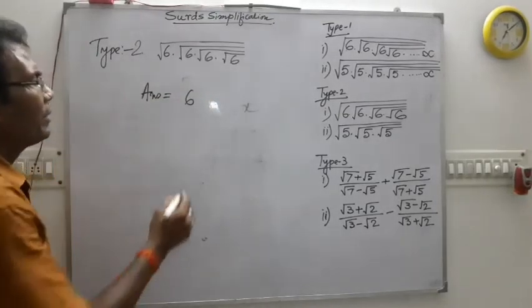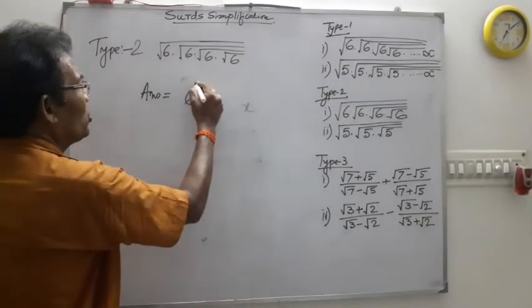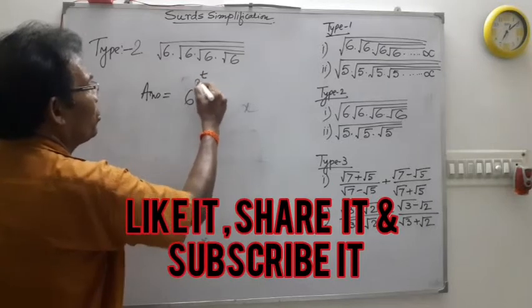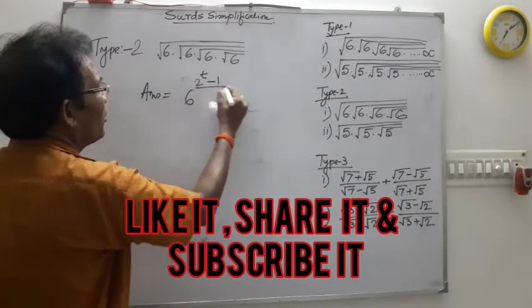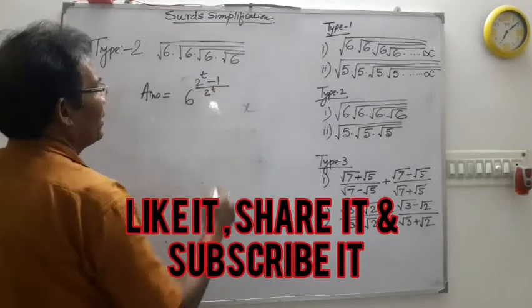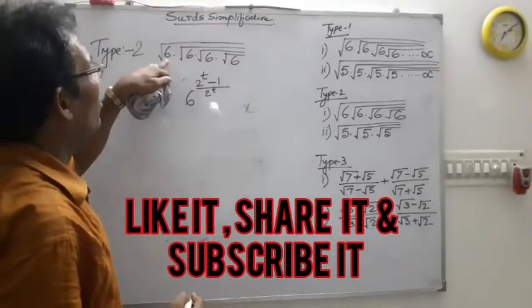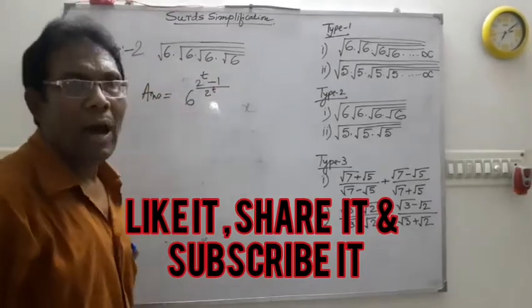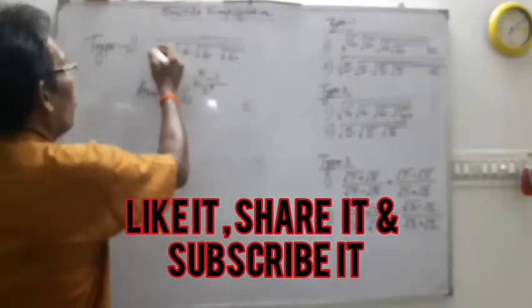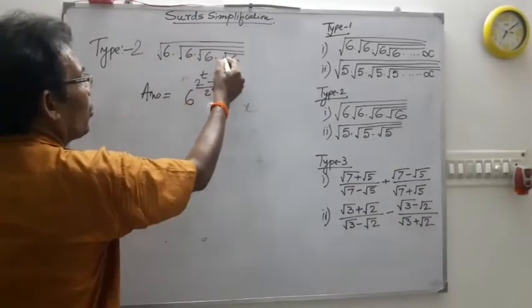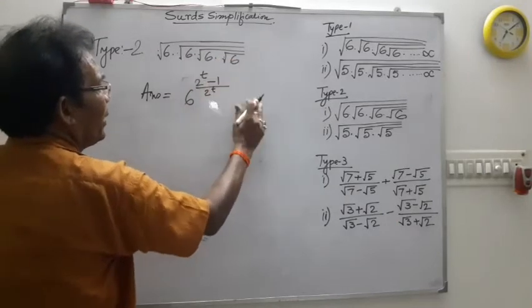6 to the power (2 to the power t minus 1) by 2 to the power t. Now what is t? t is how many times root has been done. 1, 2, 3, 4. The 4 times root has been done.